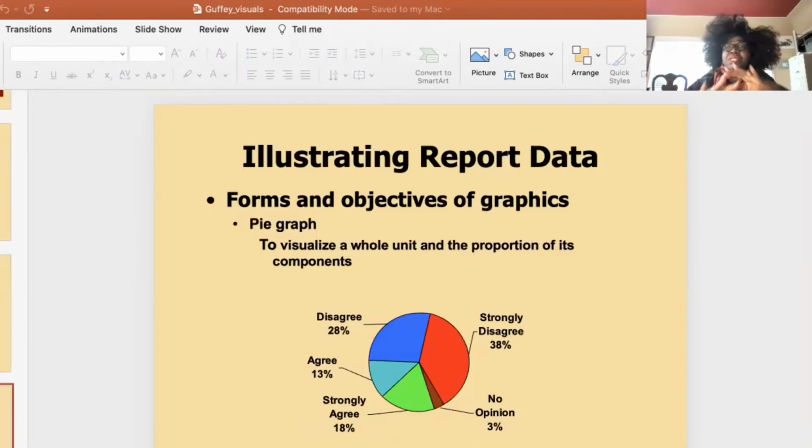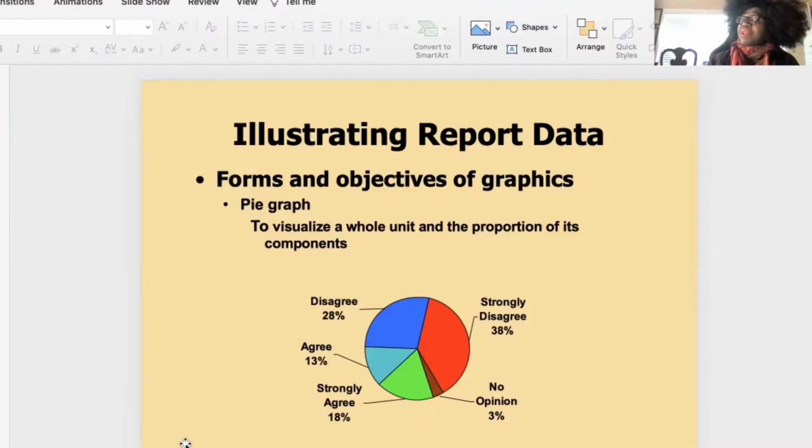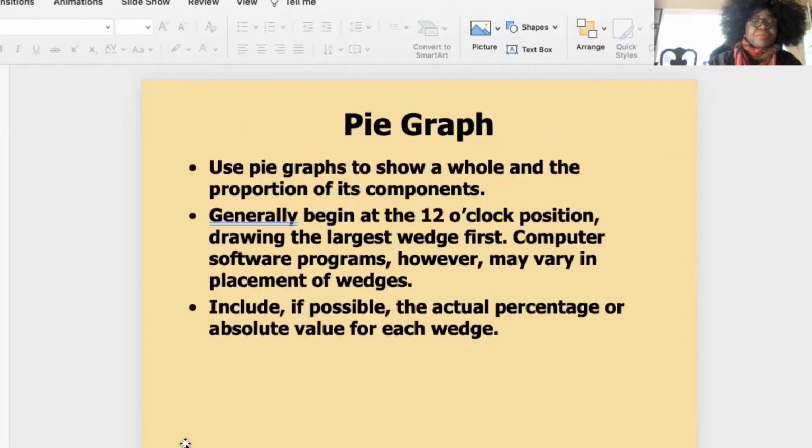And anytime you want to tell proportions of a whole, you use a pie graph or a pie chart. And it makes it very easy for your audience to see the proportions once again. And it generally begins at the 12 o'clock position. And on each wedge, you want to put the value or the percentage.